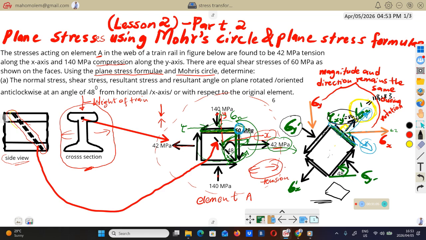That will be the shear stress after rotating the element. So you can see you got the negative answer there, meaning that this arrow will still go clockwise. Remember, negative means clockwise, so this arrow will still go downward. If you got positive answer, it means that this arrow will go in the opposite direction.